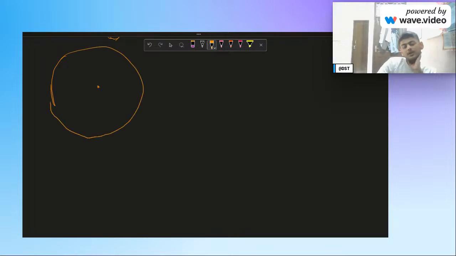If there is a sphere like this, and at its center we have to find out the gravitational field strength, then it will obviously be zero. Hollow sphere we are talking about.